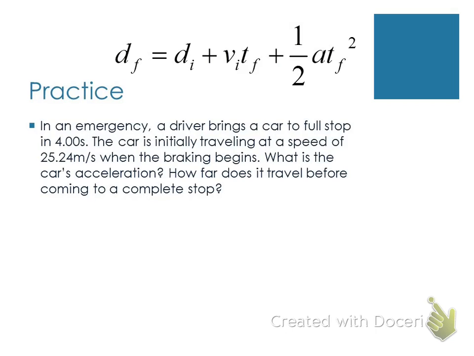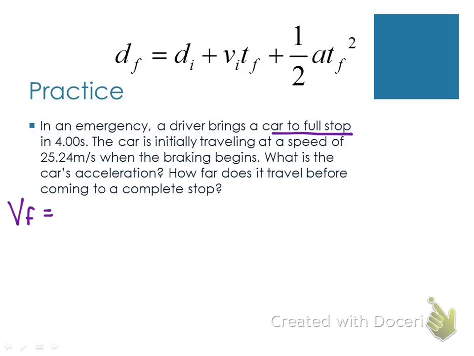All right, let's go ahead and start picking out some variables here. It says a driver brings a car to a full stop. What variable does that tell us? The car comes to a complete stop. Final velocity. Final velocity, and what does that mean?